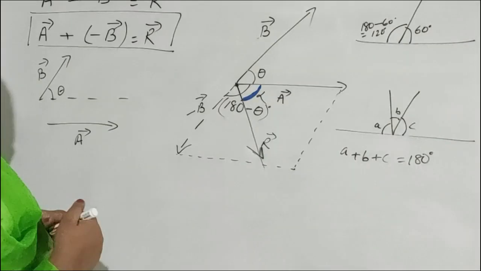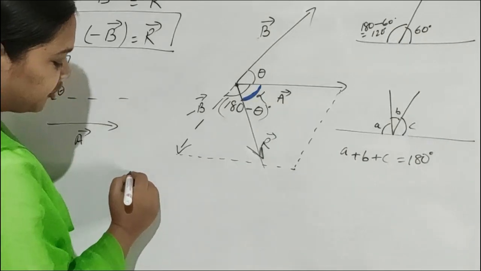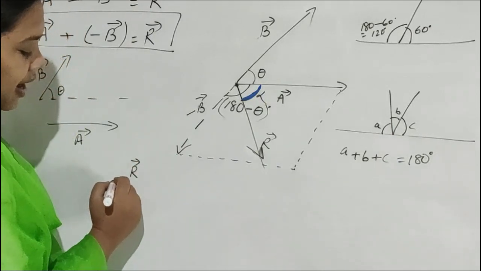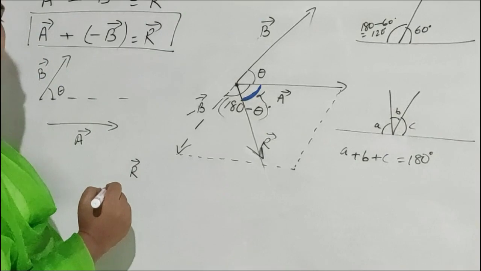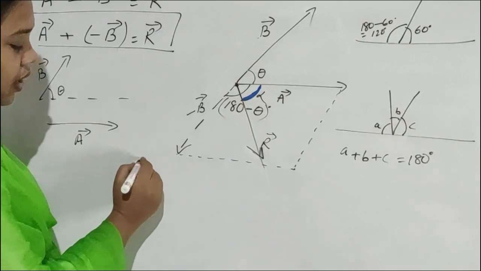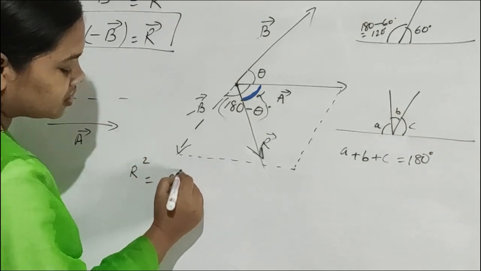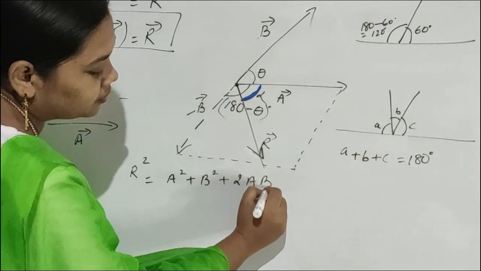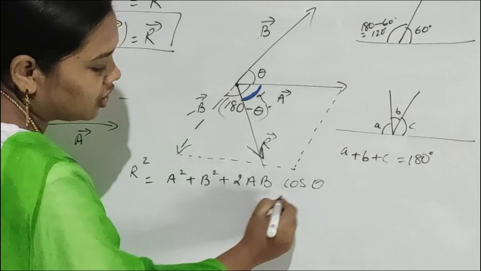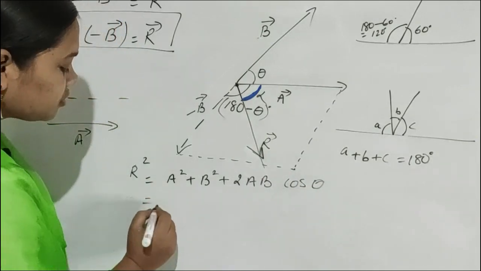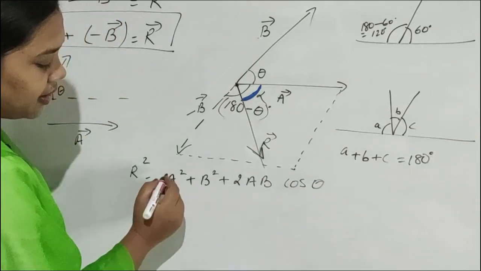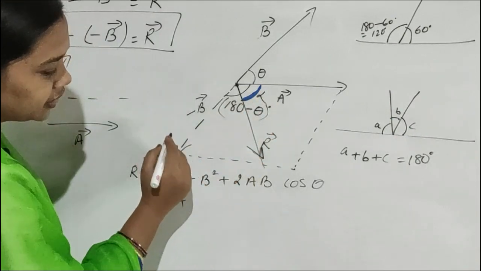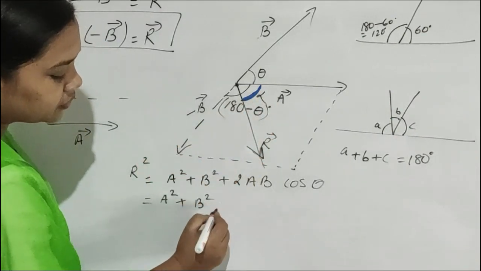Now the magnitude of the R vector. So R square is equal to what? A square plus B square plus 2AB cos theta. Is it or not? So here, A square is vector A squared, plus B square, vector B squared.